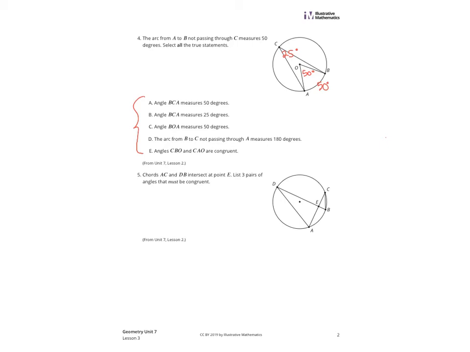So then in number 5, it says chords AB and DB intersect at point E. List the pairs of angles that must be congruent. So this is going back to an activity we did in the previous lesson where we proved the two triangles similar. So in this problem, I'd like to point out that I have this arc DC.